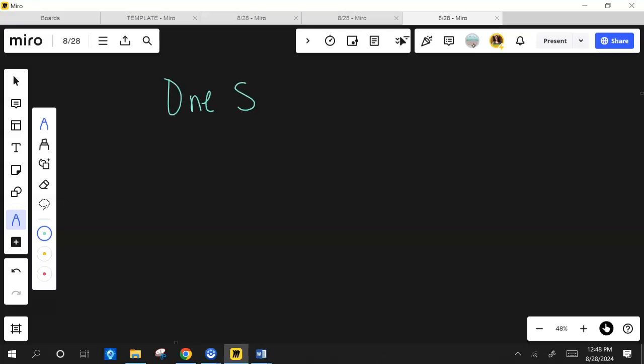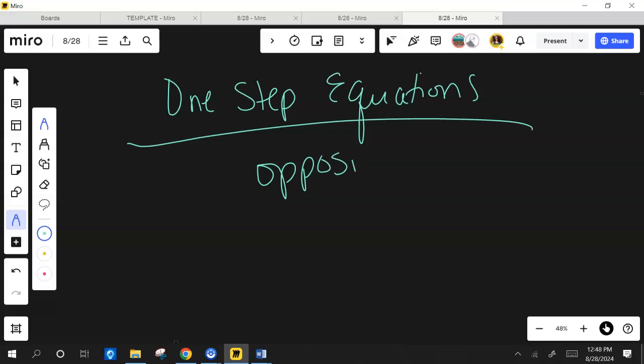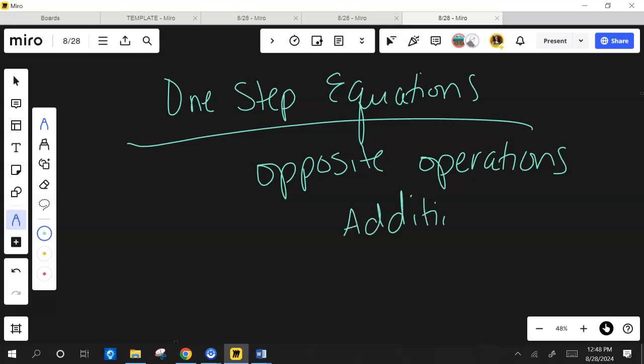Let's start with one-step equations. These are at the top of your packet. This is what you did the Ed puzzle on yesterday, okay? Now, let's talk before we do this, and you might want to write these over to the side, about opposite operations. If you want to undo addition, Max, what's the opposite of addition?